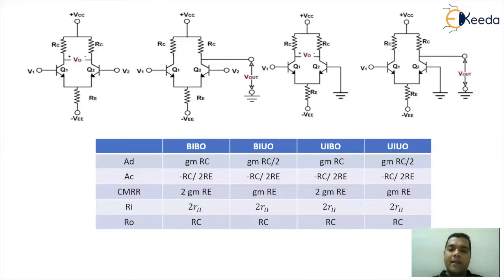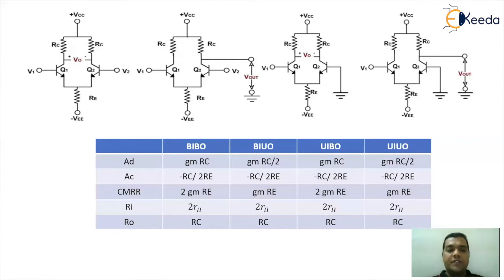When we talk about balanced input, unbalanced output, differential gain AD will be gm RC by 2. AC will be minus RC by twice RE. CMRR will be gm RE. Input resistance will be twice r pi, which can be taken as twice beta RE. RO will be equal to RC.